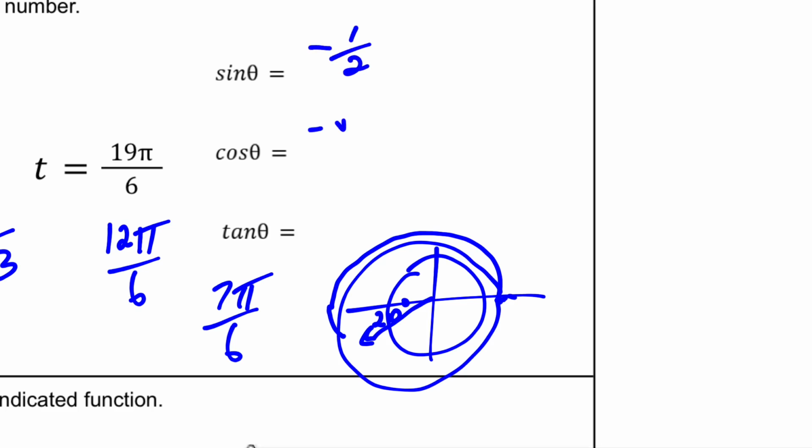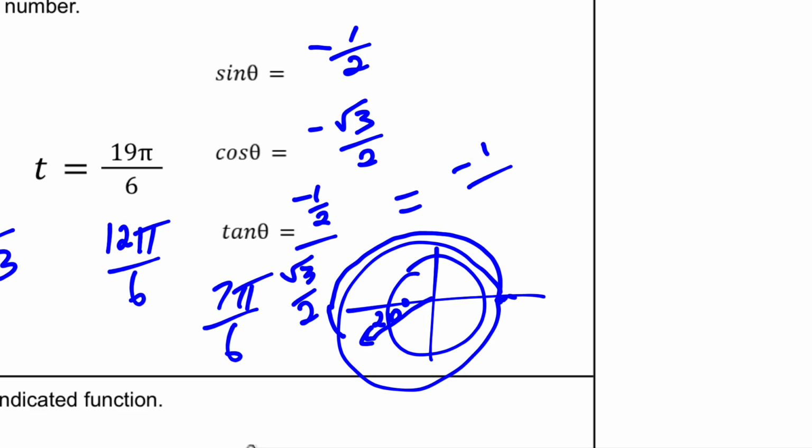Our cosine is negative root 3 over 2, and the tangent is the ratio of those. You can think of that as negative 1 over 2 divided by negative 3 over 2. Since they're both halves, they cancel out. So this would be negative 1 over root 3. We have to rationalize the denominator. So this ends up as negative root 3 over 3. Oh, sorry, there are 2 negatives there, so actually they would cancel out, and it's just root 3 over 3. Yep, I missed the negative right down there.